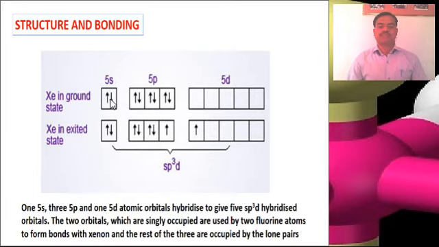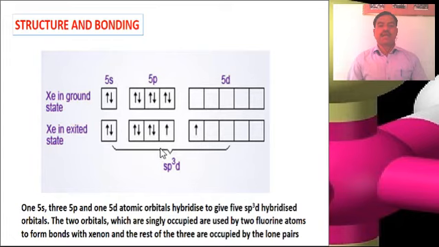See the xenon ground state electronic configuration: 5s2, 5p6, 5d0. In the excited state, one electron from 5p is promoted to 5d, giving 5s2, 5p5, 5d1.